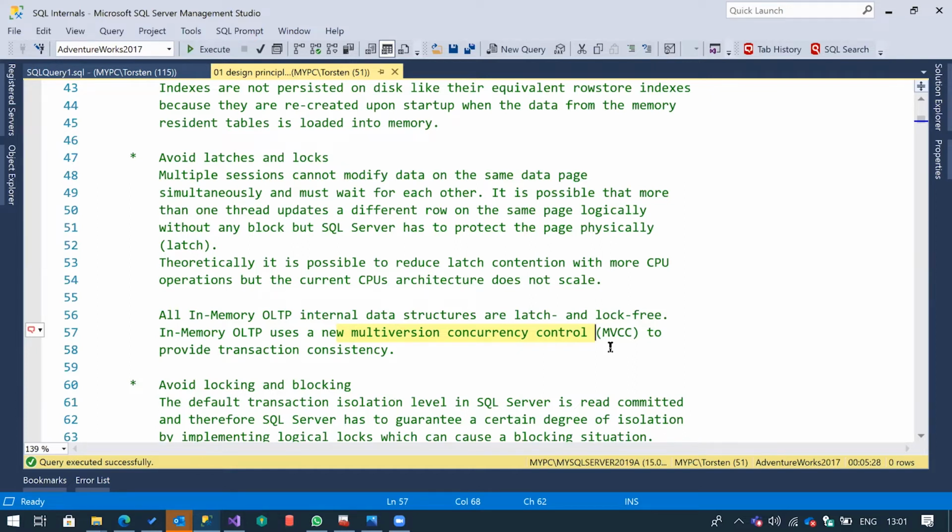But personally, I would say there should be a reason why you enable RCSI, because it has its own impact on the TempDB. Your inserts are much slower, and depending on how many versions of your records currently exist in the TempDB, you will end up with very slow read performance as well. This is not the case for in-memory OLTP.